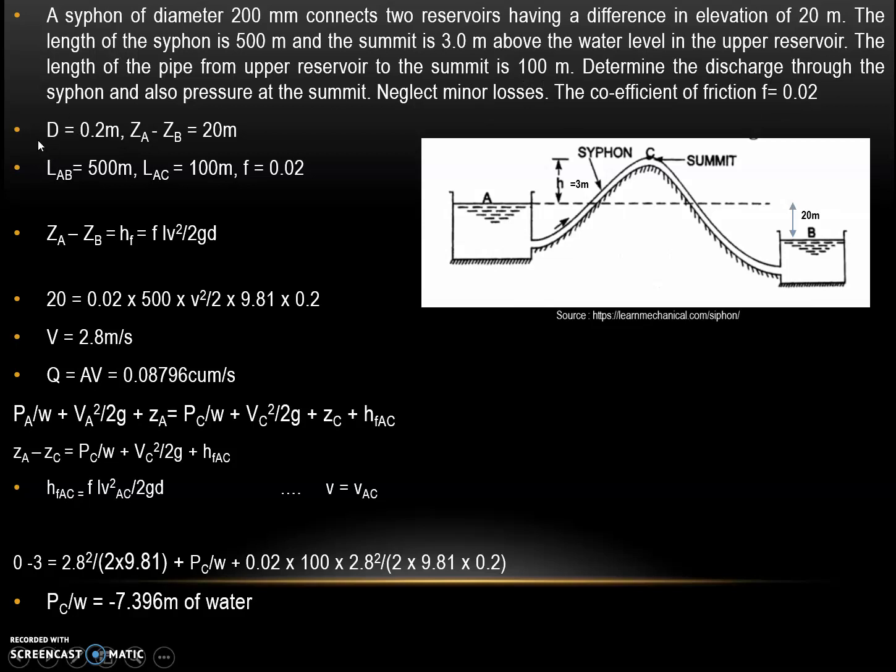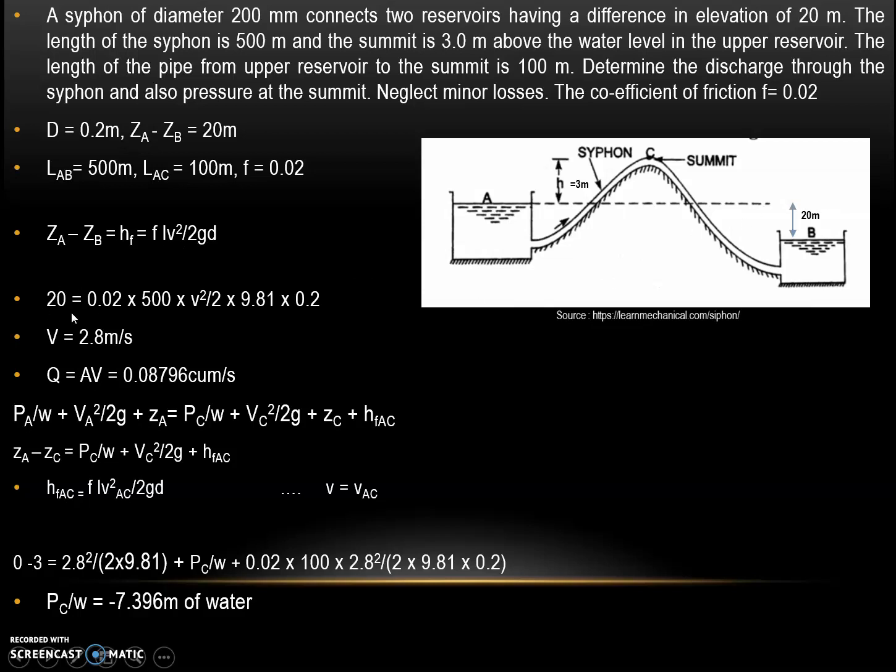So given data are D equal to 0.2 meter, ZA minus ZB equal to 20 meter, length of AB equal to 500 meter, length of AC equal to 100 meter, F equal to 0.02. ZA minus ZB equal to HF, which is equal to FLV square divided by 2GD.